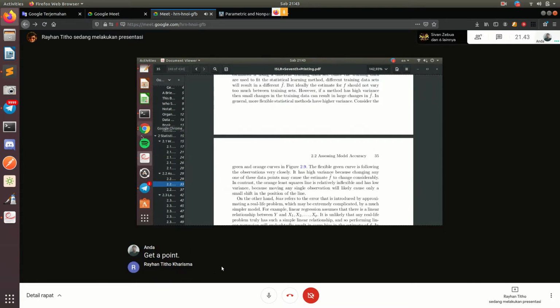How about we explain it by visualizing with a scatter plot? Yes, a scatter plot, in a diagram. Maybe Hanif will be better.